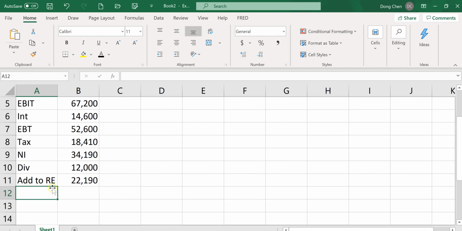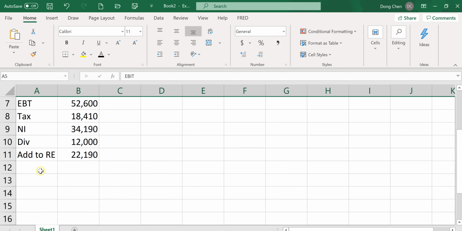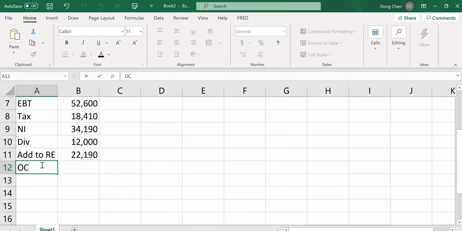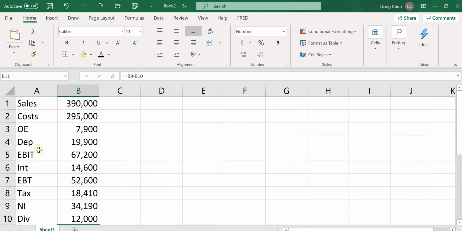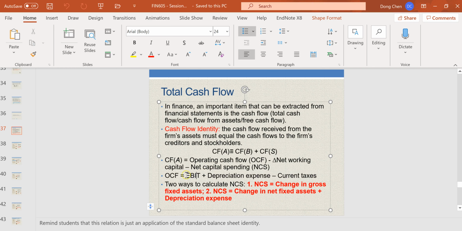So now we know EBIT, we know the depreciation, and then we know the taxes. So we have everything based on the formula of operating cash flow to calculate this operating cash flow.